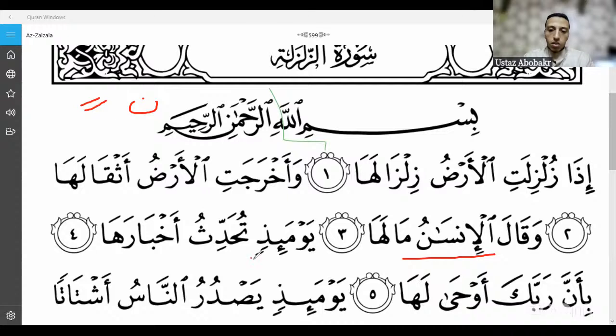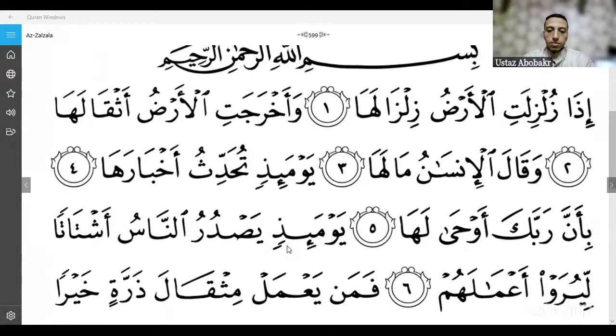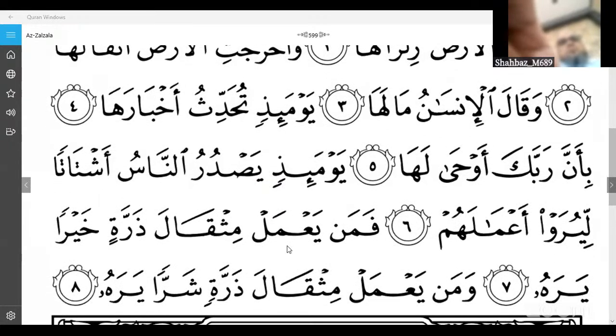Another example here is this one. Tanween, followed by the letter ta in the next word. We're going to hide this tanween again because that's ikhfa, and we're going to make a ghunna only sound. Yawma'idhin tuhaddithu. Is it clear so far for you, both of these two examples? Yes. Okay.